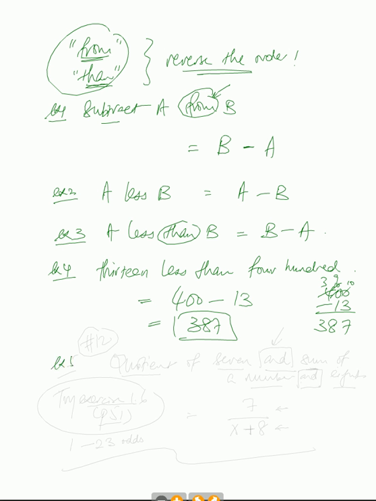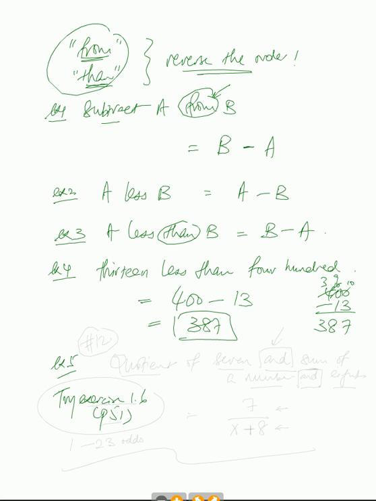So let's try another example. I'm picking something from the book. If you want to do more exercises, try exercise 1.6, which is found on page 51 of your text. But let's just do one example.